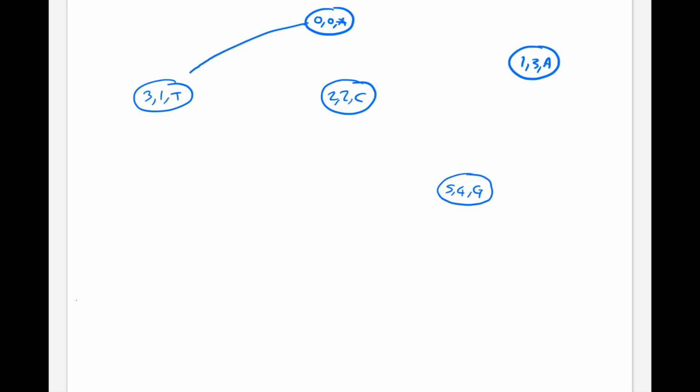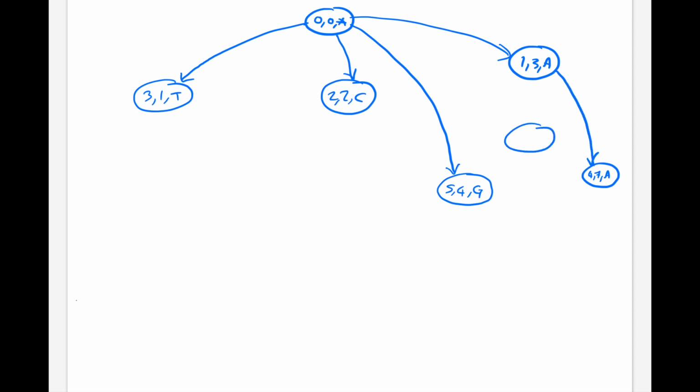From there, we can go to the first A, the first C, the first T, or the first G. From each of these, so from the first A, we can go to the next A, the next T, the next G, but we cannot go to the next C, as this represents the third letter of the second sequence, and the only C in the second sequence is the second letter of the second sequence, so we cannot reach a C from here. And we can carry on constructing this graph until we've covered all our states.